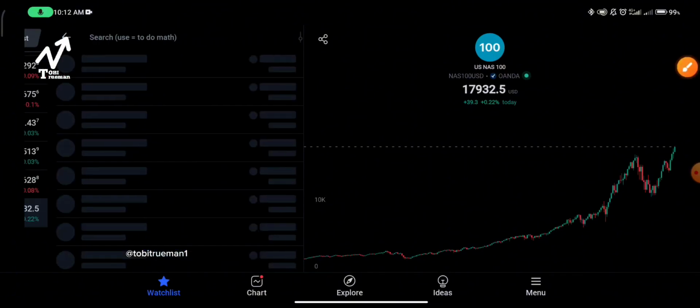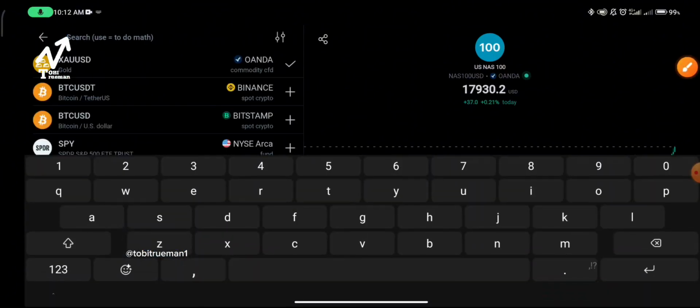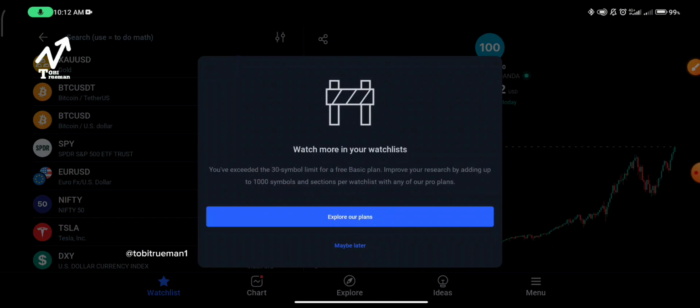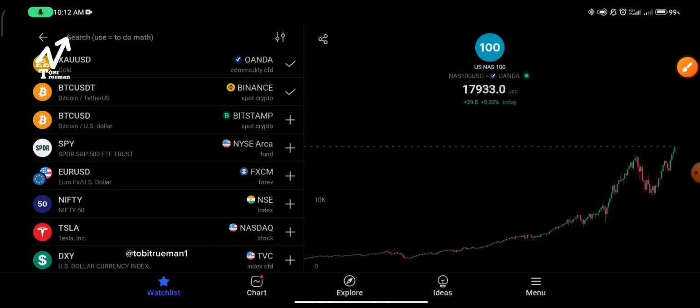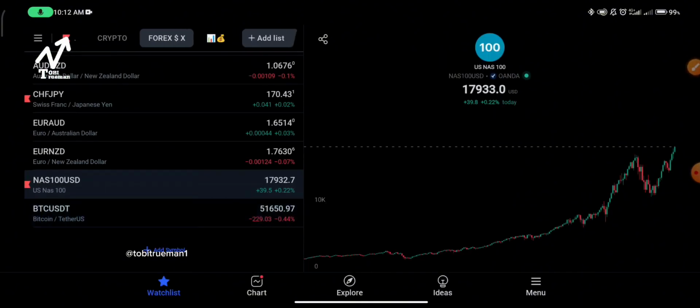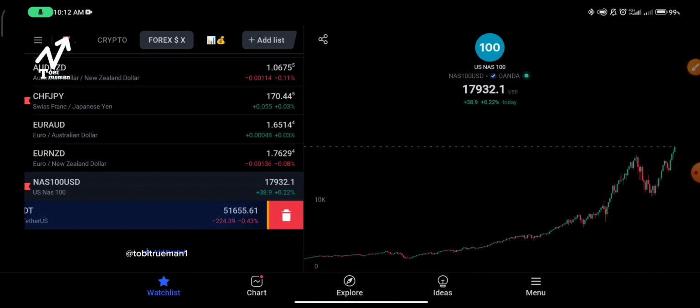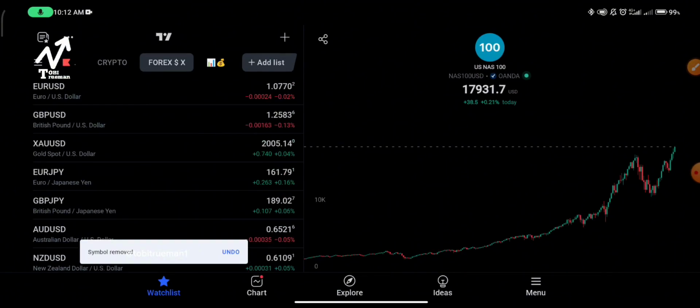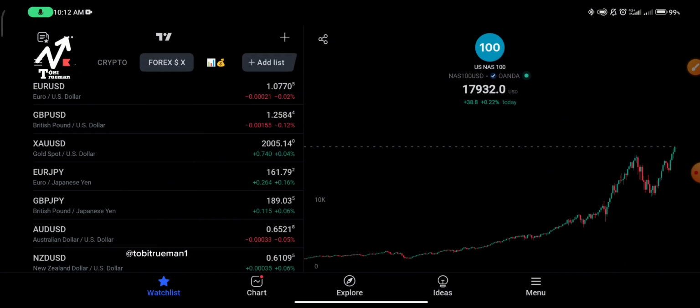If I try to add another pair right now, maybe I want to add BTC USD, you see now they say it's only 30 symbols that I can add in that category. You see that right now. So the only pairs I can add is 30 maximum, because I'm using the free TradingView right now.